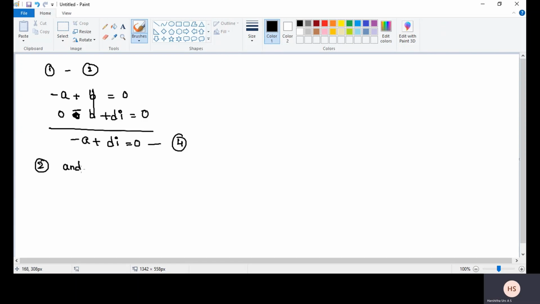Now equation 2 and equation 4 written in the form, equation 2 is b means 1 minus di is equal to 0. Equation 4 we have a plus, don't have b, so I will write 0b.